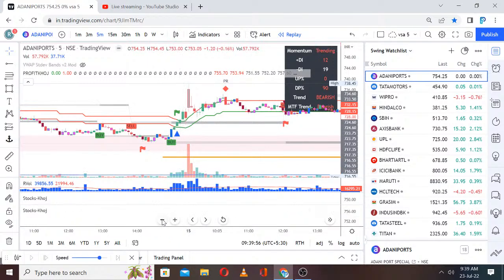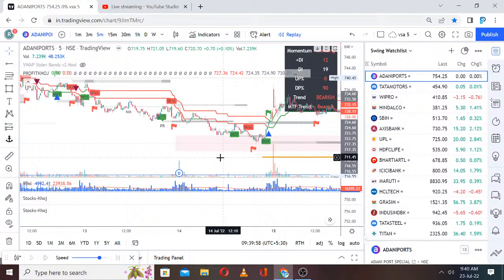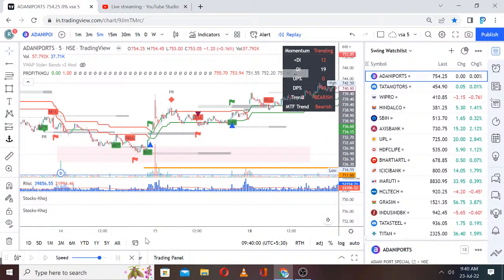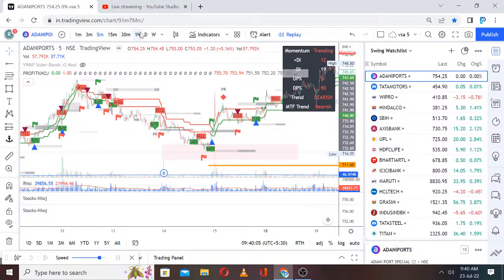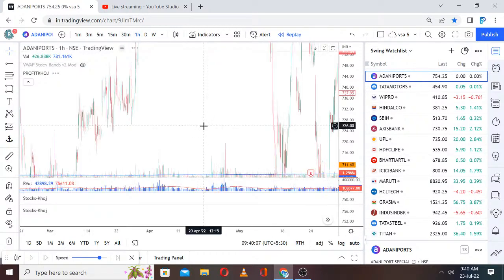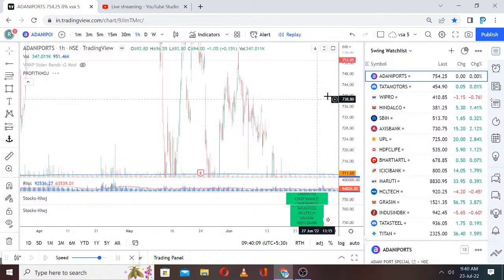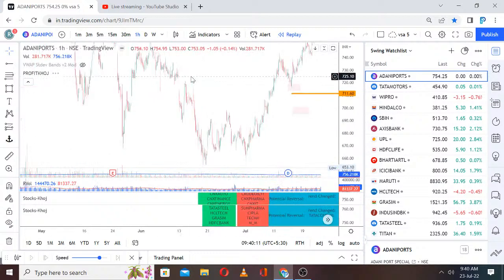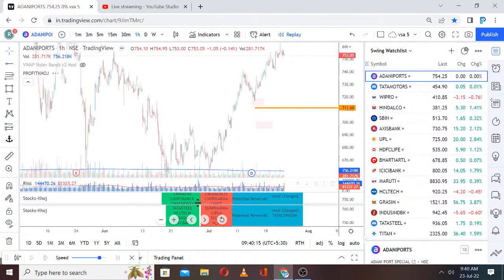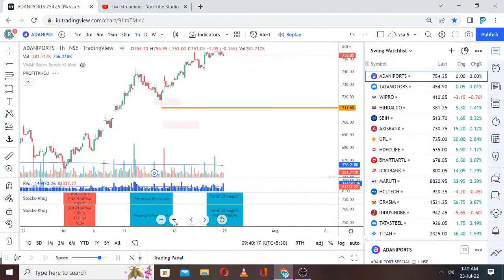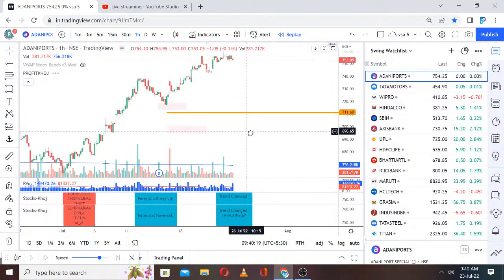Once you have taken the entry, you will go back to your initial time frame, the bigger one. Now you have to plot the targets.